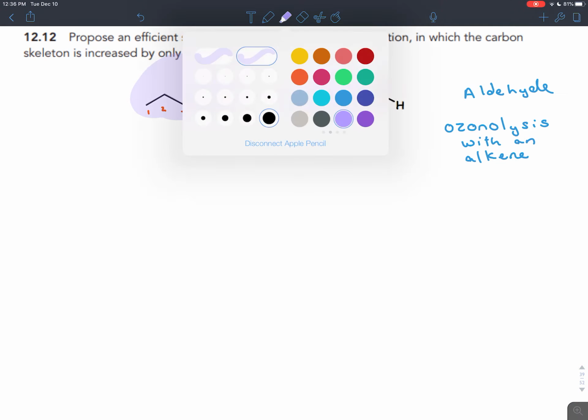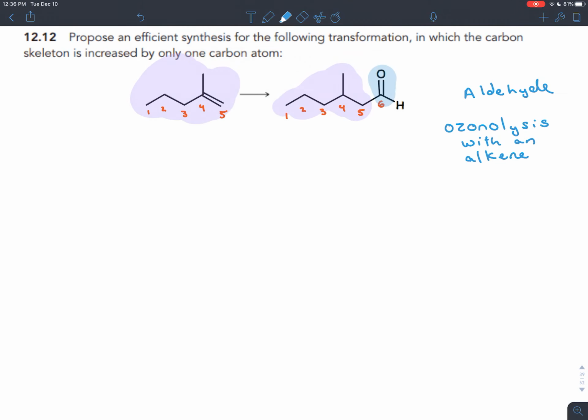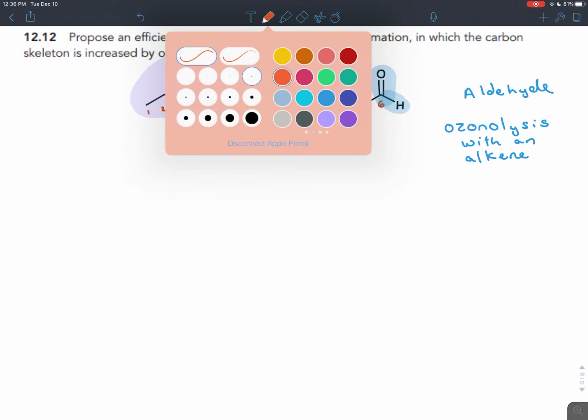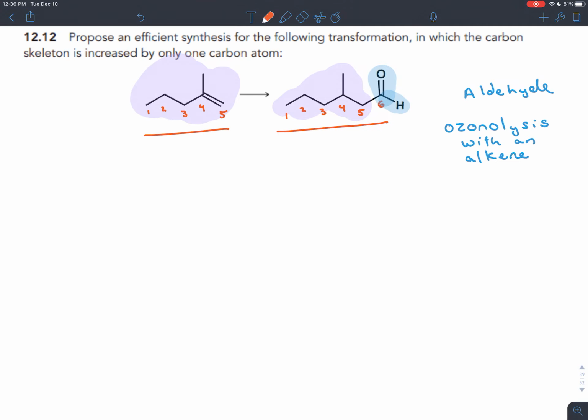Remember, an aldehyde is when you have a carbon double bonded to an oxygen and a hydrogen on one side of that. That's an aldehyde. Well, it's kind of strange that we see this sign of ozonolysis because the number of carbons increased. We went from having 5 to having 6.